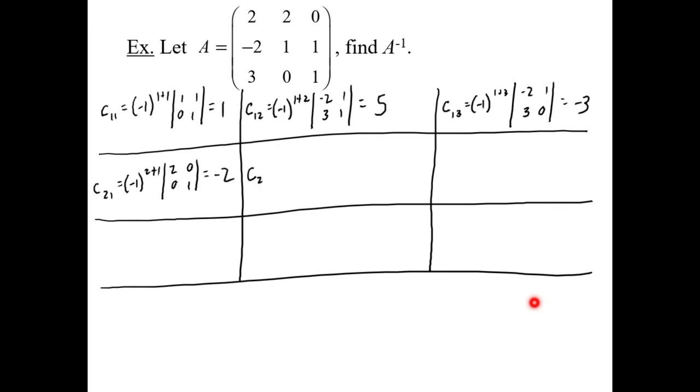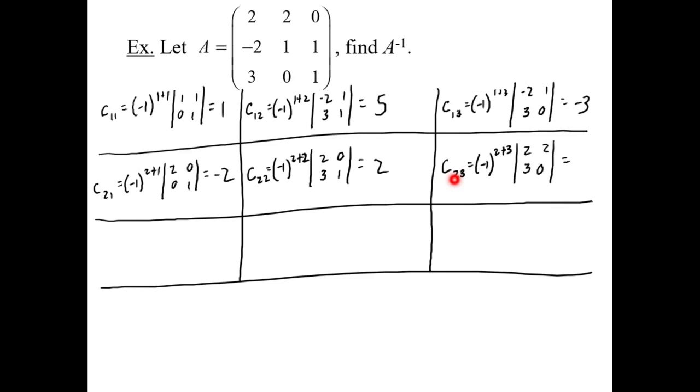I'm not going to. And so I'm getting, oh, that's 2 plus 2. So I'm getting 2 for that. And C sub 2, 3 is -1 to the 2 plus 3. Six.